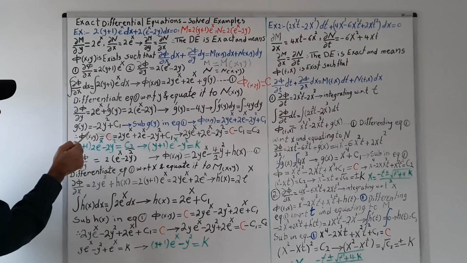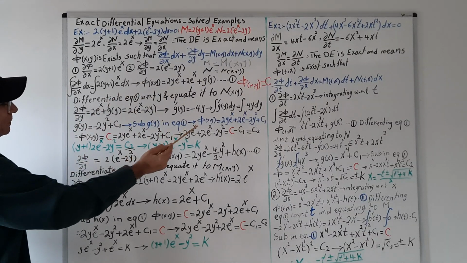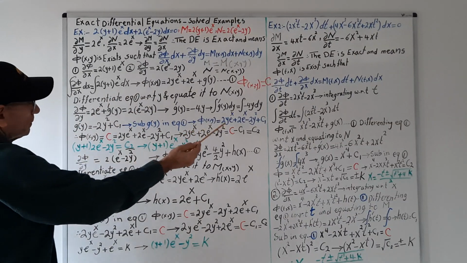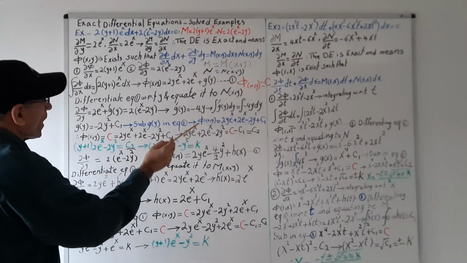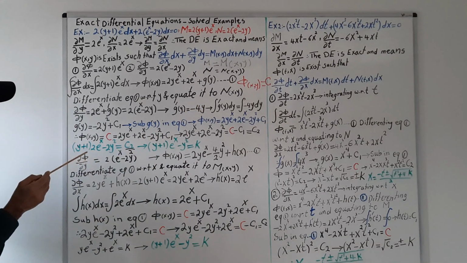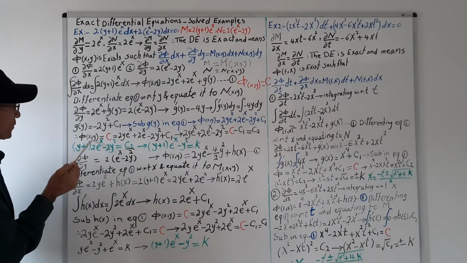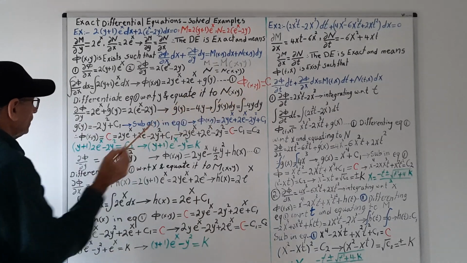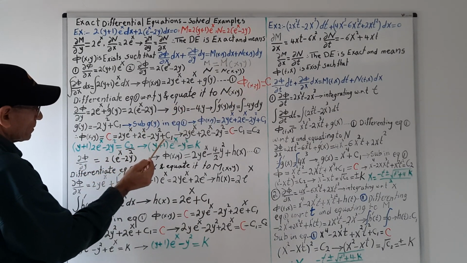Sub g of y in equation 1. So phi of x, y equal this equation. And we know our potential function, which is equal to c here, equal the new equation.